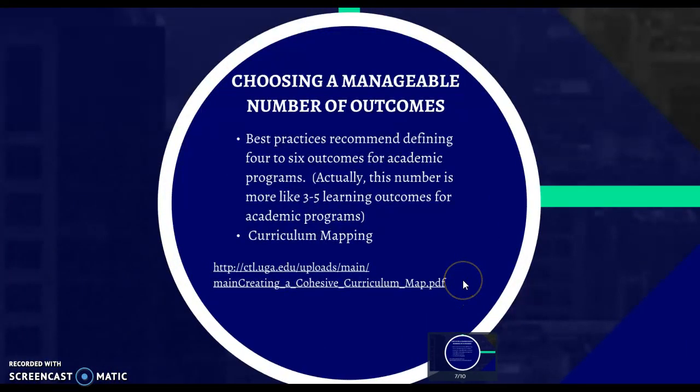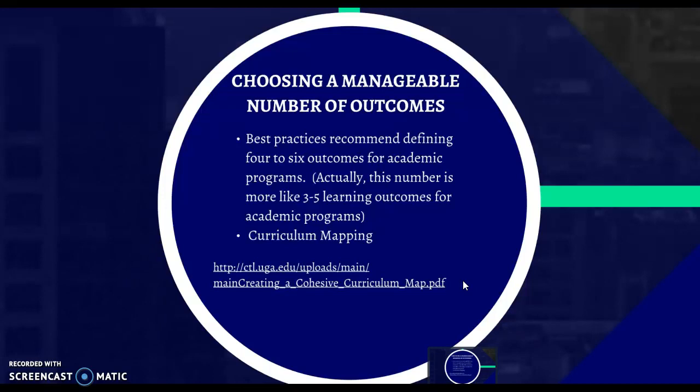Some tips as you're writing program learning outcomes. Choosing a manageable number of outcomes is key. Best practices recommend defining 4 to 6 outcomes for academic programs. Actually, this number is more like 3 to 5 learning outcomes for academic programs.